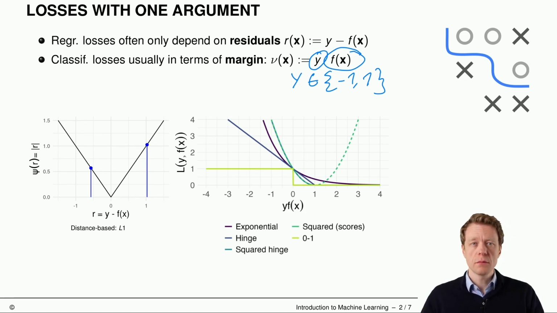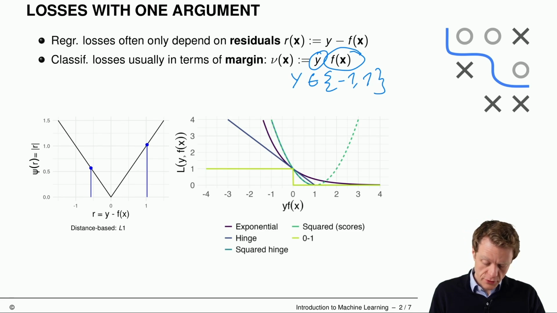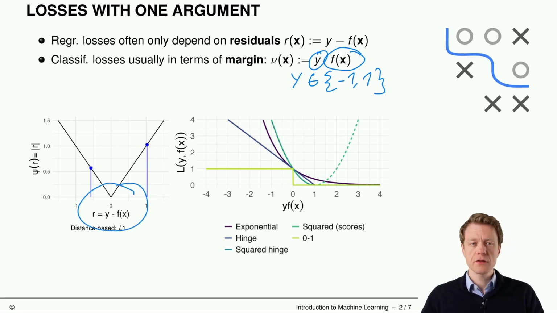So if we compare residual-based losses and margin-based losses, then hopefully it now makes sense to you that when looking at the residuals, we want them to be 0, right? I want to have small residuals, but we do not want to have small margins. A margin of 0 basically means that the model f has to be 0, because y can only be -1 and +1. And f, the score, tells us about the confidence of that model, right?